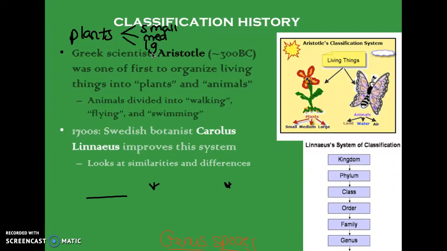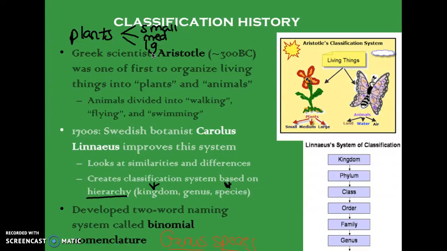His system looks at similarities and differences physically of plants and animals, and he created a classification system based on hierarchy, meaning starting very broadly with a kingdom and becoming very specific with a species. He developed a 2-word naming system called the binomial nomenclature. The binomial nomenclature is broken down. The first of the 2 words is the genus, and the second of the 2 words is the species.